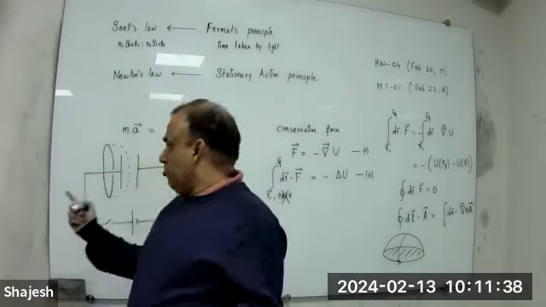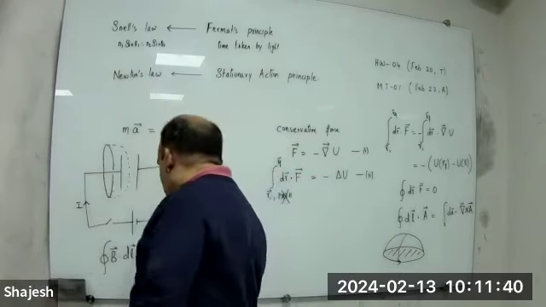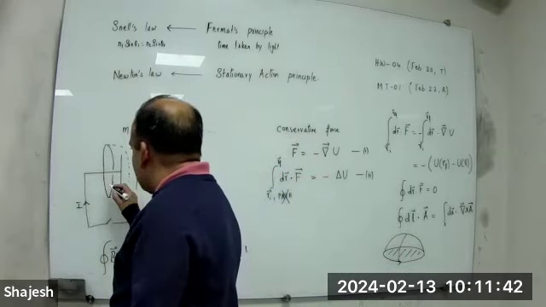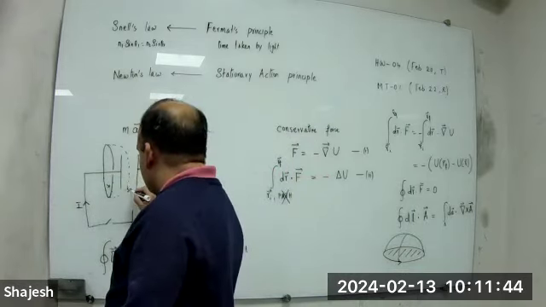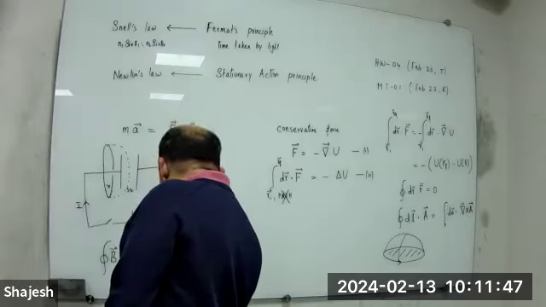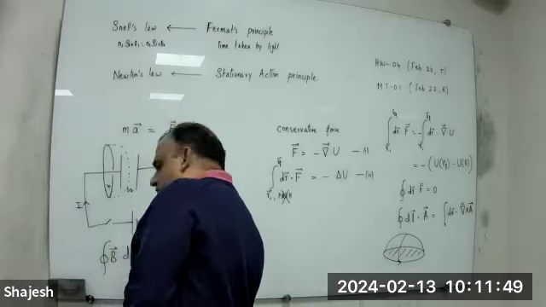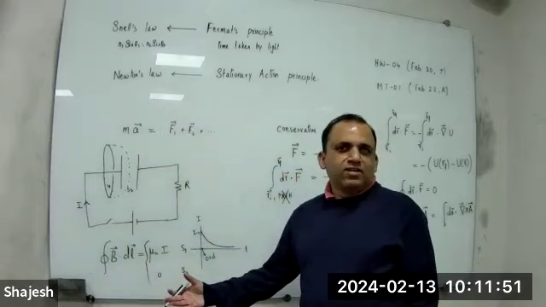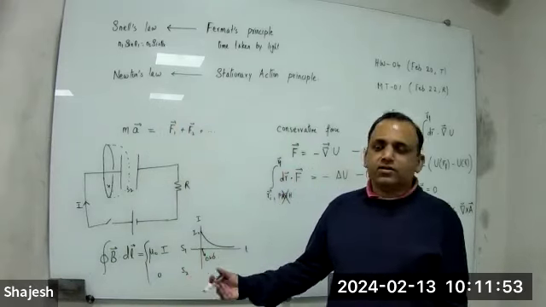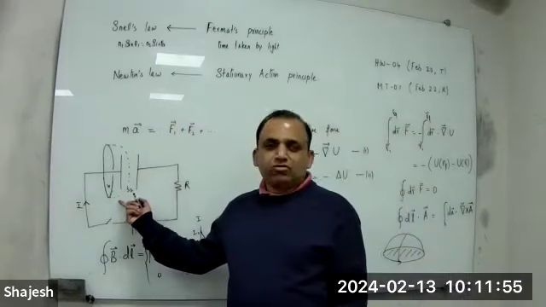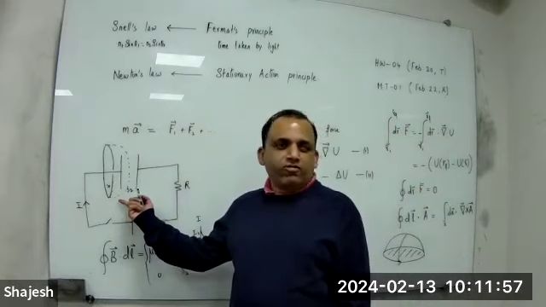Let's say this is surface S1, that's surface S2. For S1 it is mu naught I, and for S2 it is equal to 0. That's a conceptual problem. So Maxwell said this cannot be true, and we have to fix this.